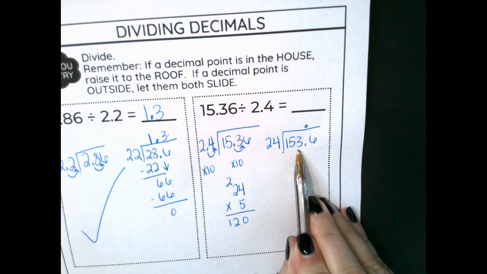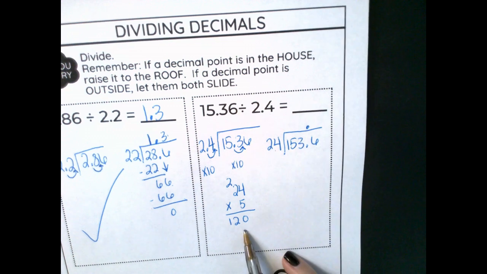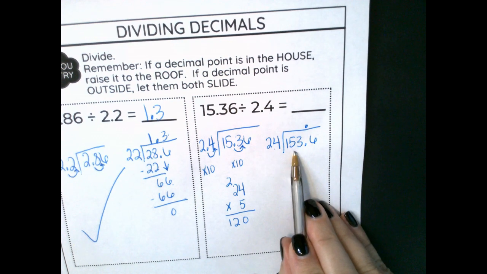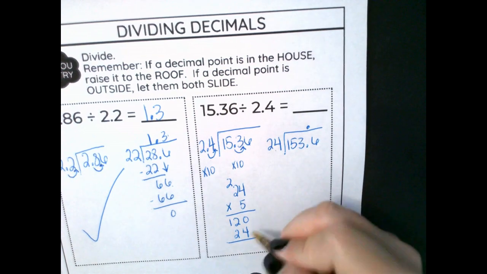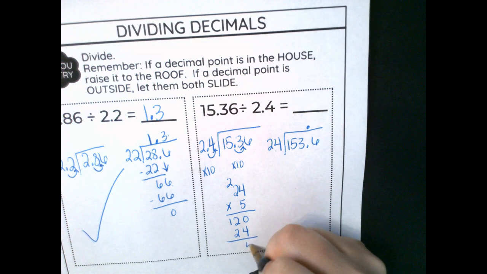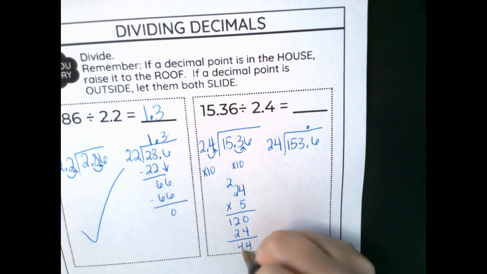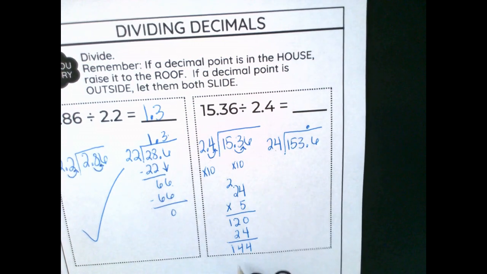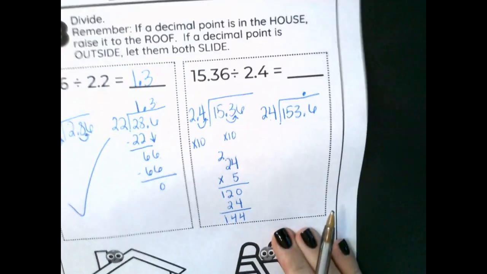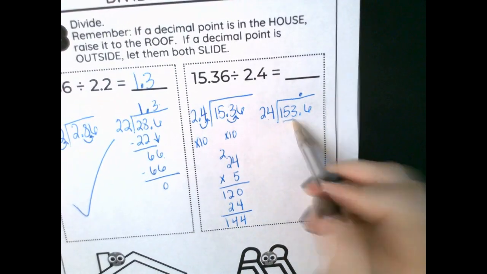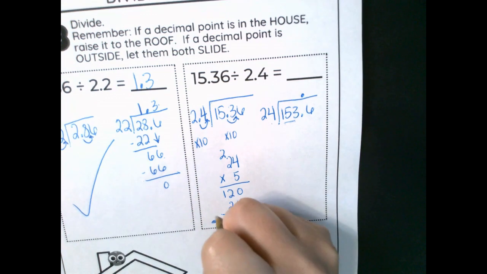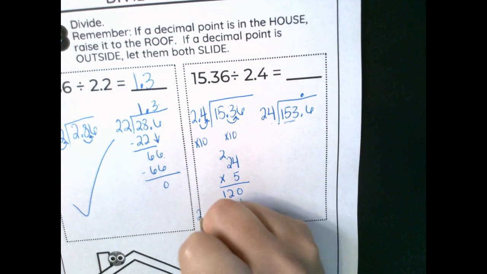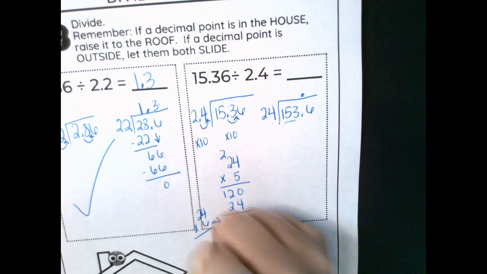So can I put another group of 24 into 120 and not go over 153? Well, let's add another group of 24. So 0 plus 4 is 4, 2 plus 2 is 4, and then 1. So I have 144, and I'm trying to get to 153. So this here, 144, is 24 times 6.